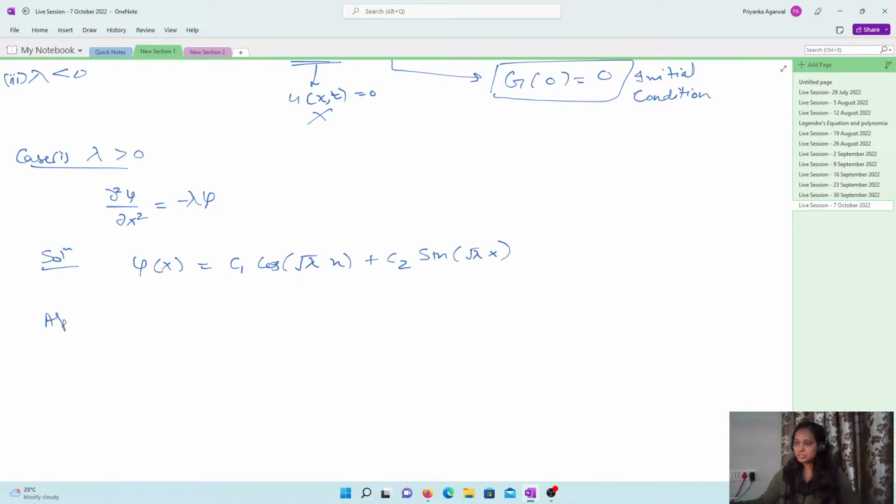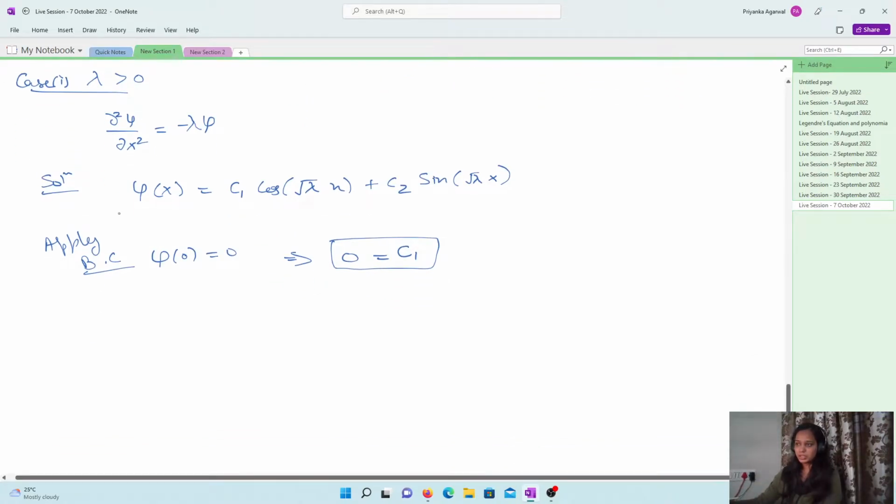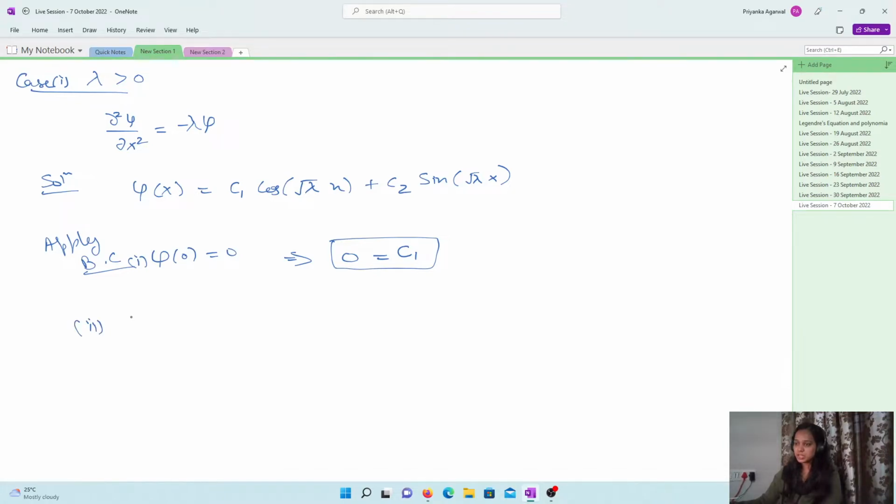Now apply the boundary condition, that is psi at 0 equal to 0. What it becomes is 0 equals c1, since sin 0 is 0 and cos 0 is 1. So c1 equals 0. And now apply the second boundary condition, which is psi at x equal to L is 0.